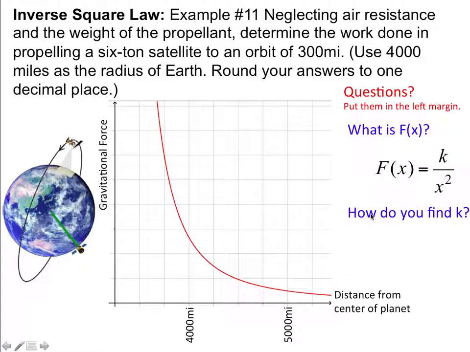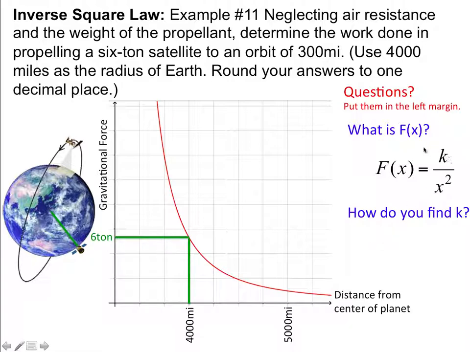So our satellite on Earth, when it's sitting here on Earth, is a distance of 1 radius away from the center of the Earth. So that's a distance of 4,000 miles. So at 4,000 miles, here's the inverse square relationship, we have a gravitational weight of 6 tons.